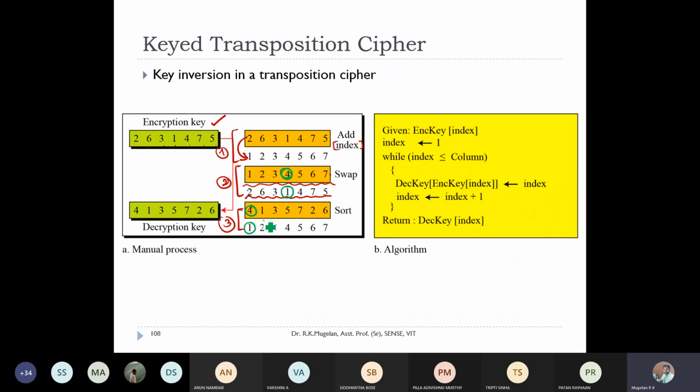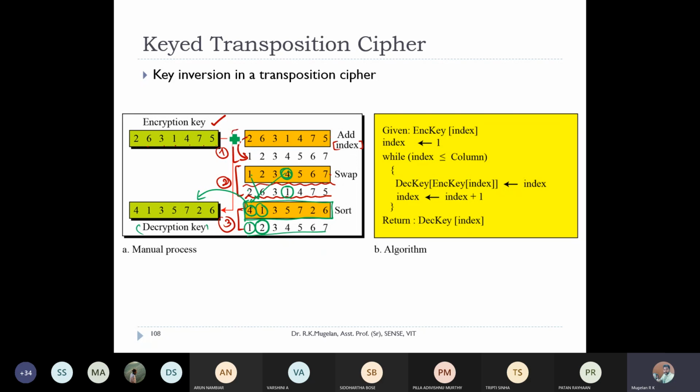Now I place this 2 here in the exact position, and this 1 came here. Like this I sorted the entire thing and I end up with the yellow box also sorted. This sorted value will be taken out as the decryption key. So this is how you can create your decryption key from the encryption key. Both keys will look different, but both keys have some relationship between them.